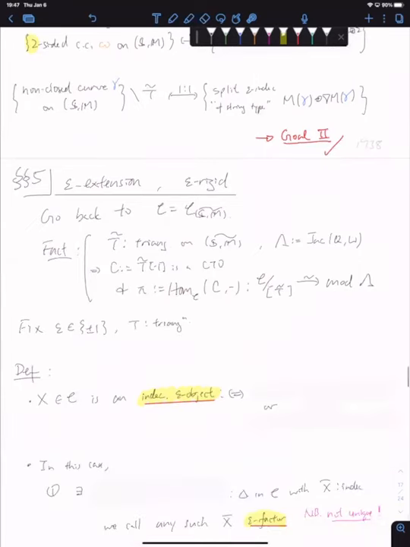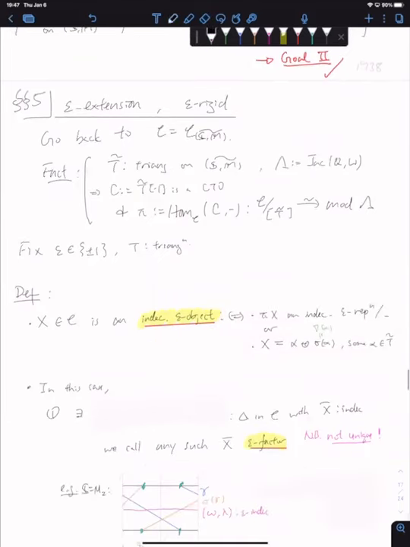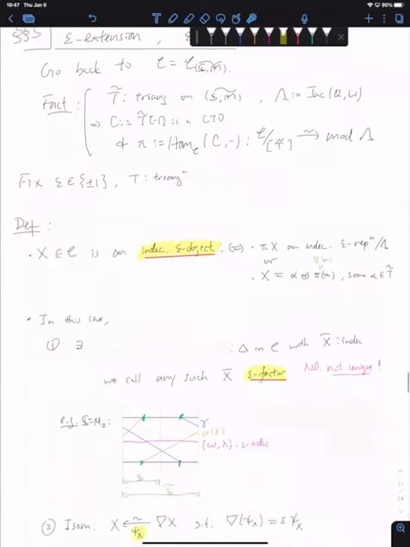Using this, I will call an object in the cluster category an indecomposable epsilon object. If you restrict to the module, you get an indecomposable epsilon representation, or it corresponds to the dual pair in the initial triangulation.